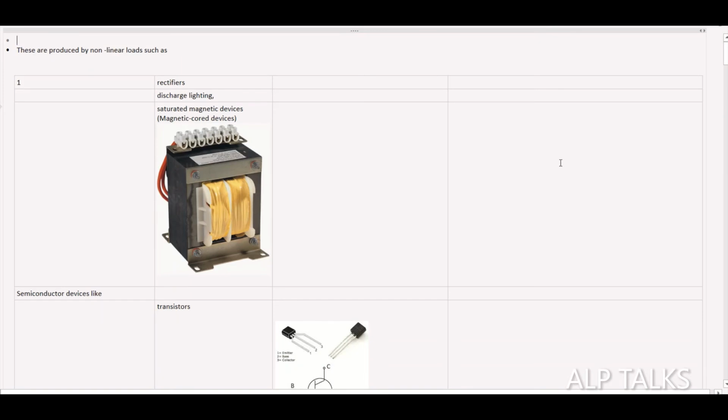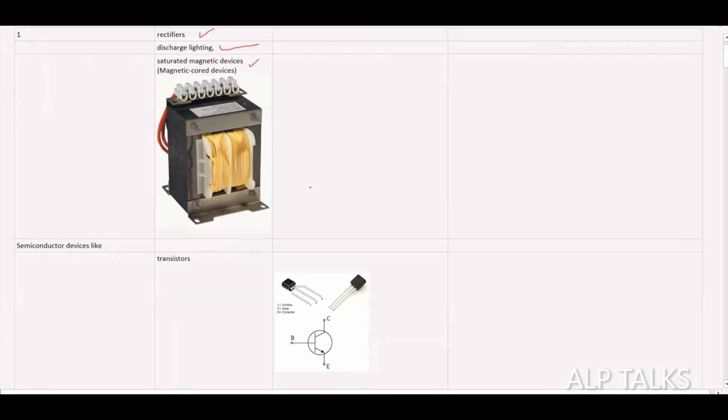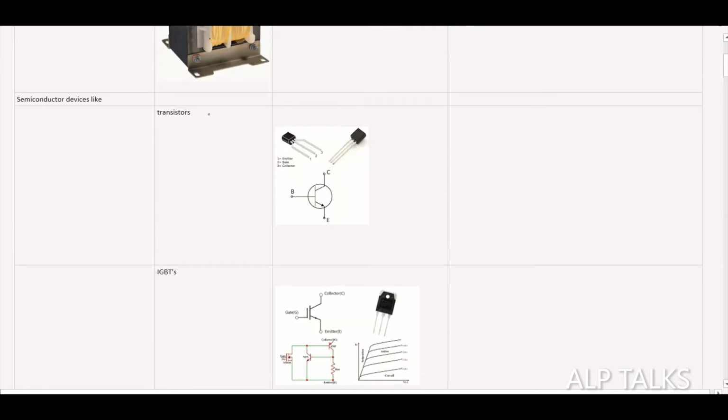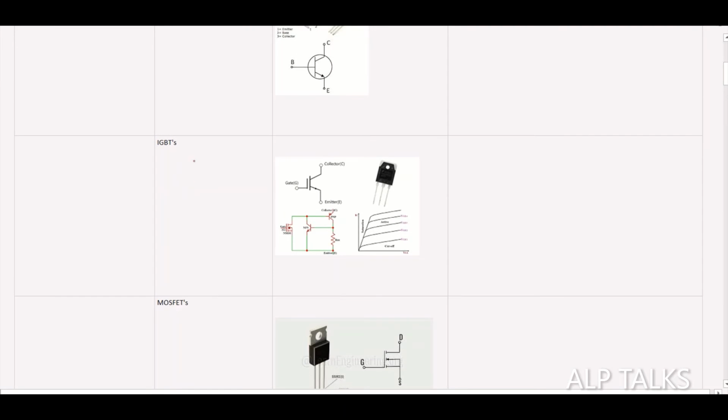So these are various loads that are contributing to harmonics. For example, rectifiers, which we will discuss more, discharge lighting, and saturated magnetic devices such as motors and transformers, and many things. Semiconductors, transistors, everything here is non-linear.